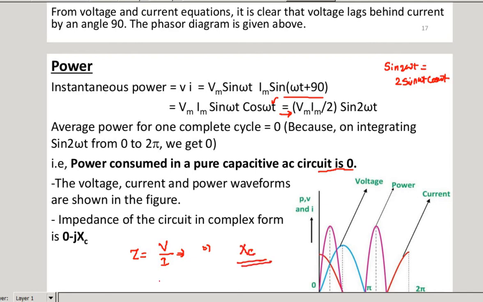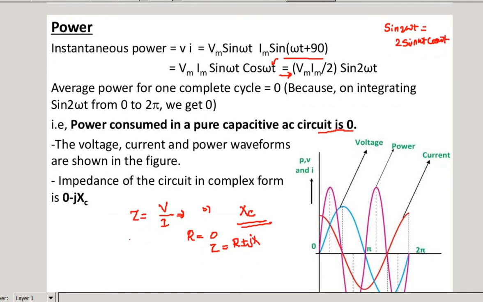So the resistive part R will be 0 since the circuit is purely capacitive. The expression for Z is R plus or minus jX, but here since only capacitive reactance is present, we can write Z equal to R minus jXc.